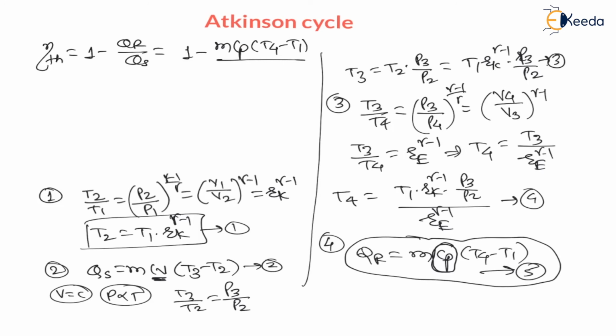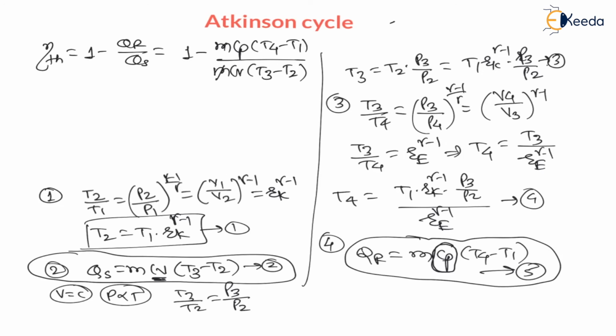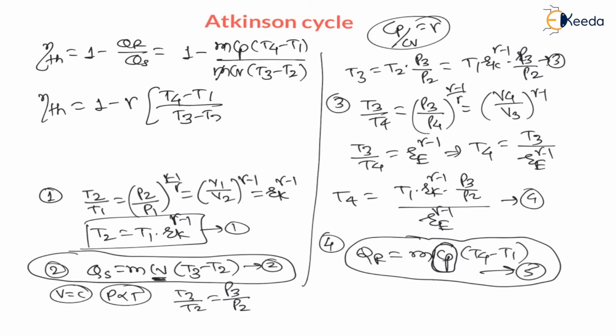The heat supplied from equation number 2 is m Cv into T3 minus T2. So here the mass will get cancelled, and we know that this ratio of specific heats, Cp divided by Cv, is gamma. Therefore thermal efficiency is equal to 1 minus gamma into T4 minus T1 divided by T3 minus T2. This is the thermal efficiency of the Atkinson cycle.